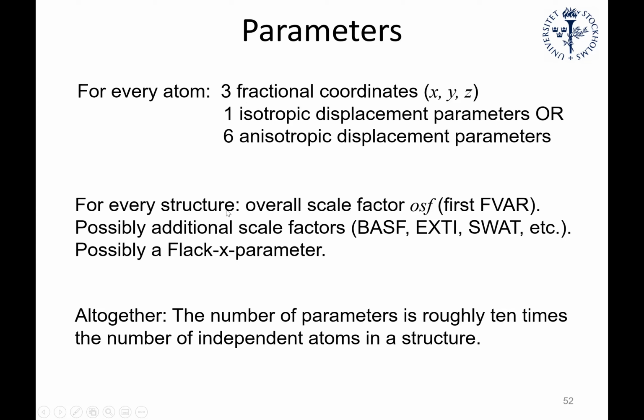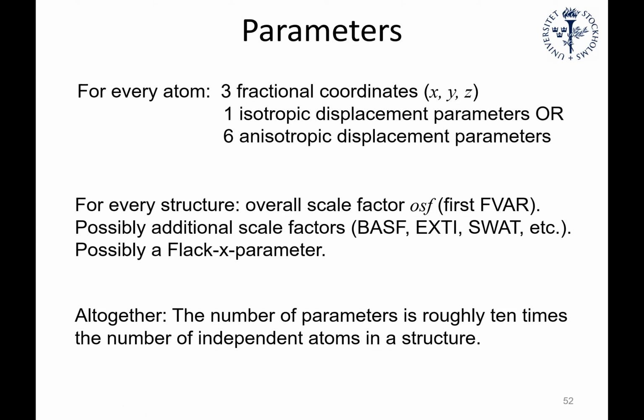But you might also have other parameters like the overall scale factor, which I think Lasse will talk about. You might have other scale factors, which we'll talk about when we start to introduce the program, ShelX. If you have a chiral structure, and if you're interested in the absolute structure, then the Flack parameter is also yet another parameter that's added.